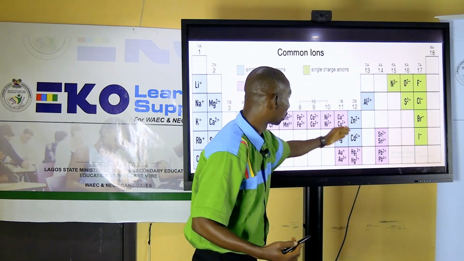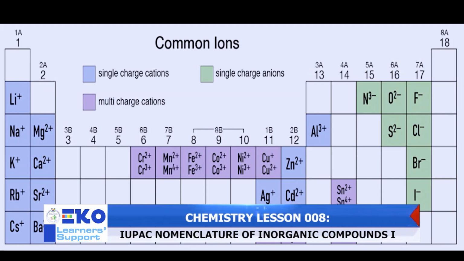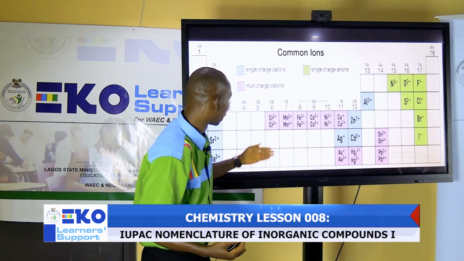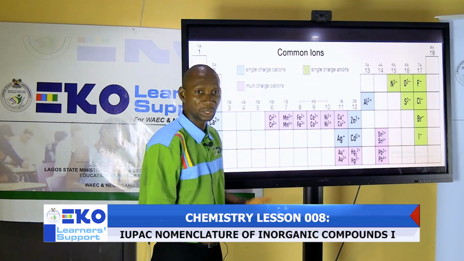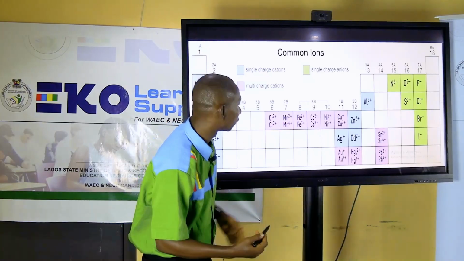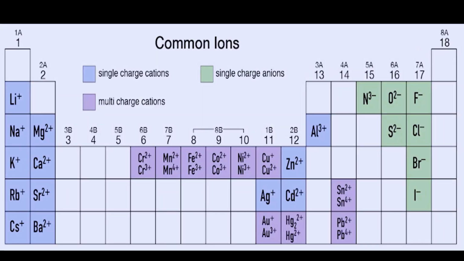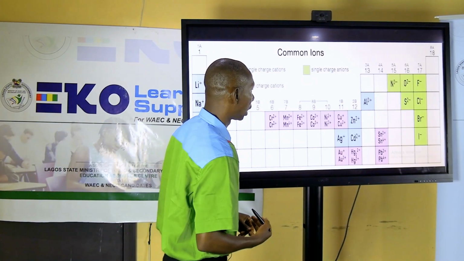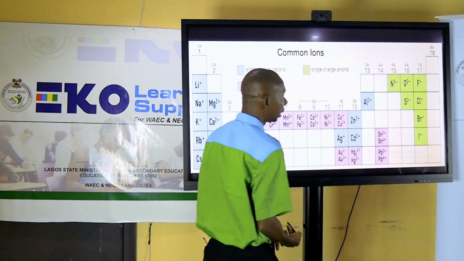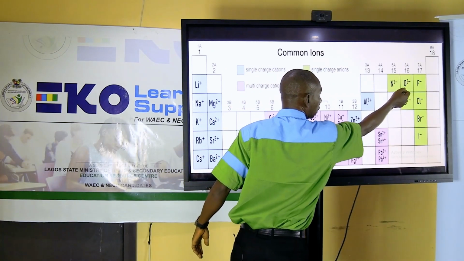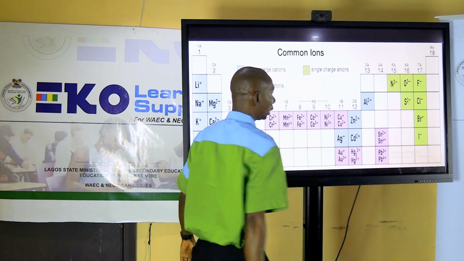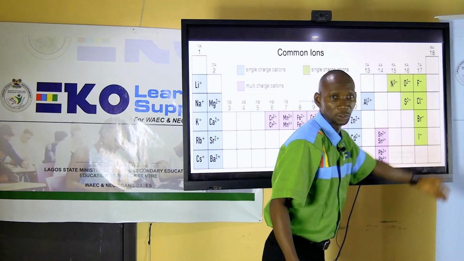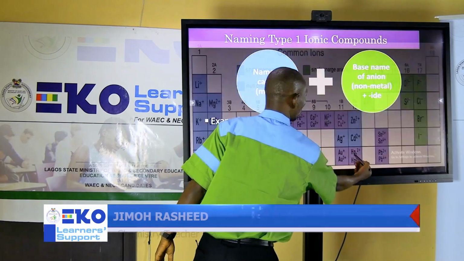But when you look at the transition elements, these are where you have the type 2 elements, and that means they have multiple charges. So you can see chromium can be +2 or +3, manganese can be +2 or +4, copper can be +1 or +2. We're going to look at the modifications you have to make when it comes to naming these type 2 metals. And you can see the non-metals there: nitrogen forming the nitride ion, oxygen the oxide ion, and the likes. The noble gases do not form ions, of course, because they are chemically unreactive.